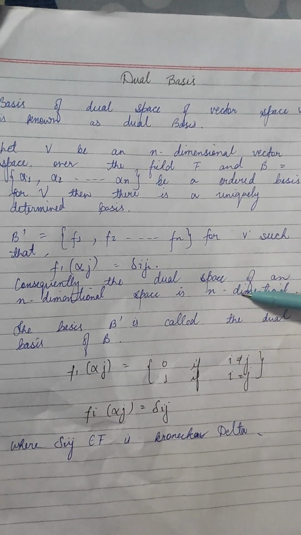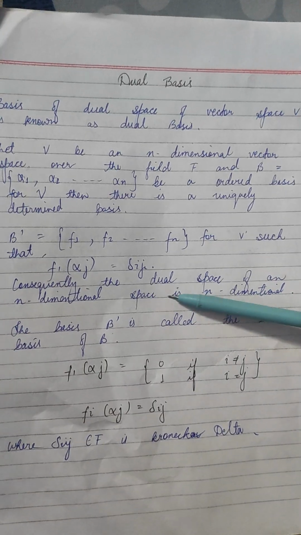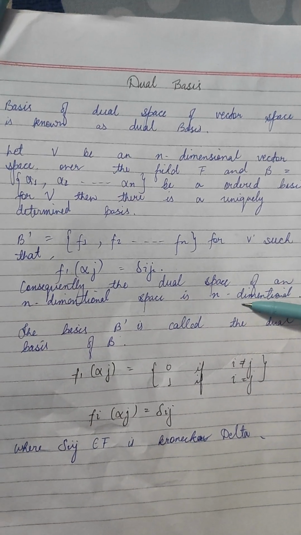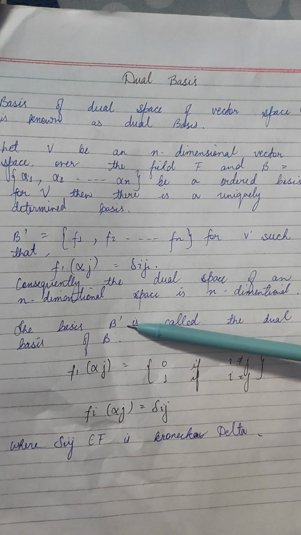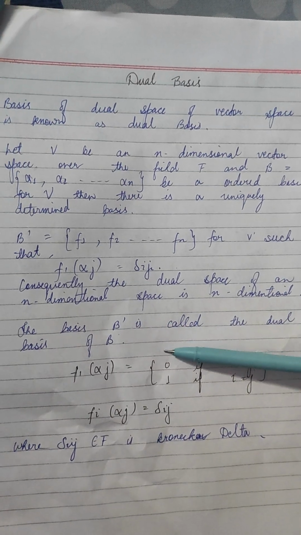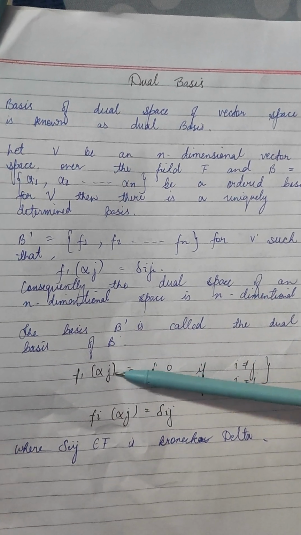Consequently, the dual space of an n-dimensional space is n-dimensional. The basis B dash is called the dual basis of B.